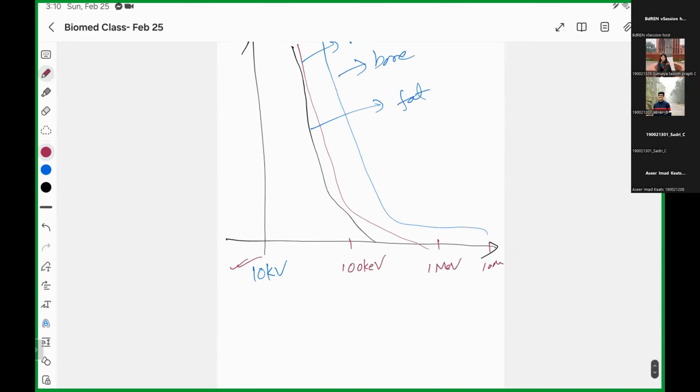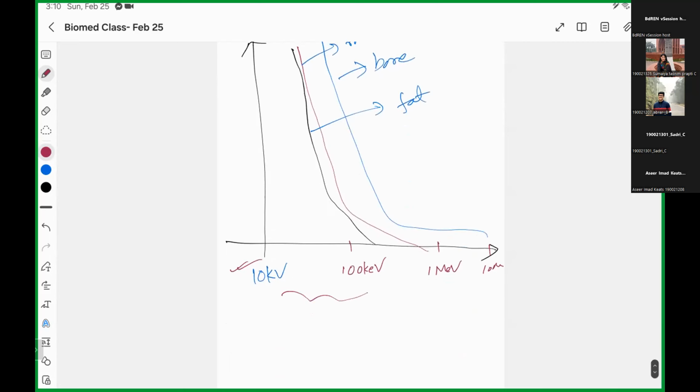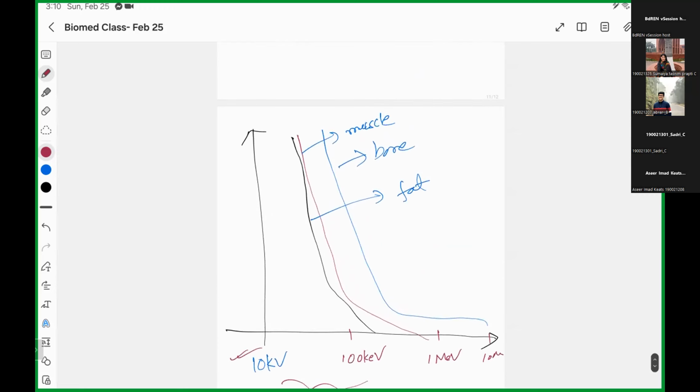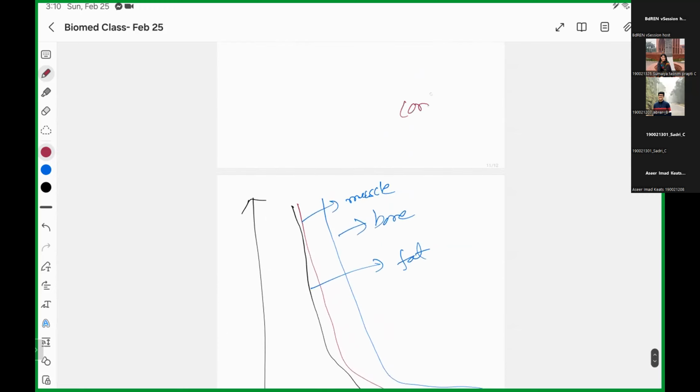Okay, so you see this range, 10 kilovolt. When the energy is very small, it will not be able to penetrate. If the energy is too high, then it will penetrate very quickly. To form an image, you need contrast between different segments.